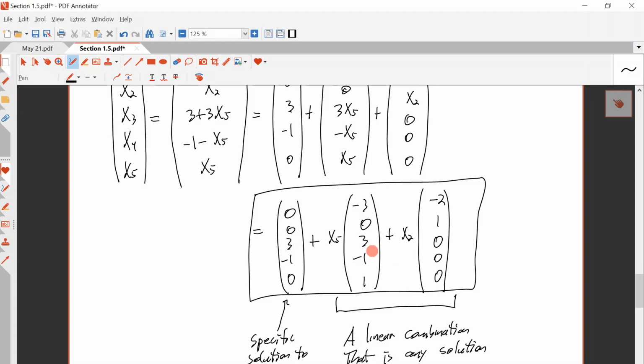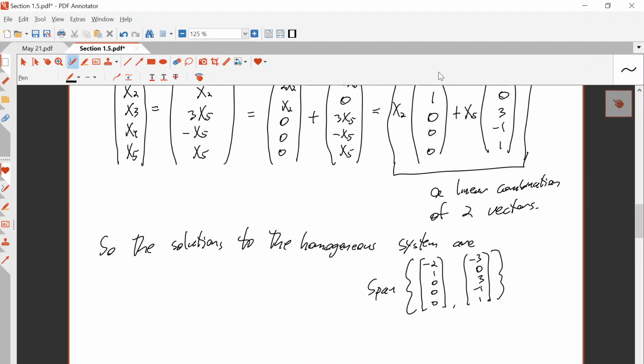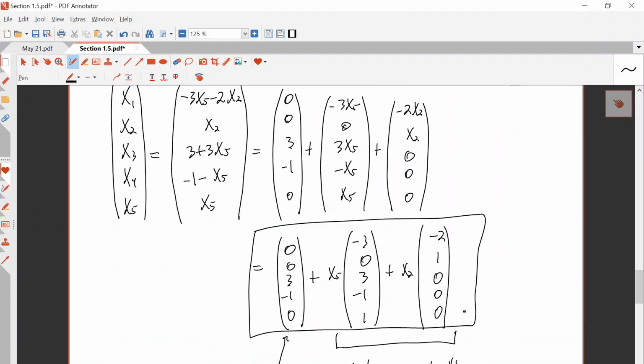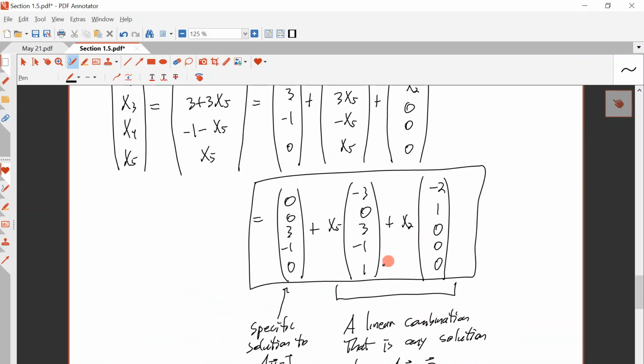It's a vector that's a linear combination of these two guys, minus 3, 0, 3, minus 1, 1, and minus 2, 1, 0, 0, 0. It's the same vectors as from the last one. Right? So that's a member of the span of those two vectors, which is a solution to the homogeneous system, Ax equal to 0.